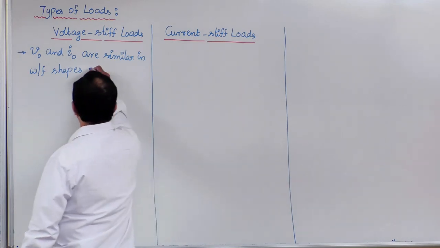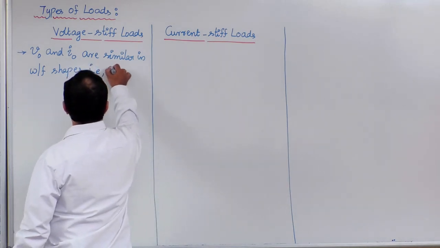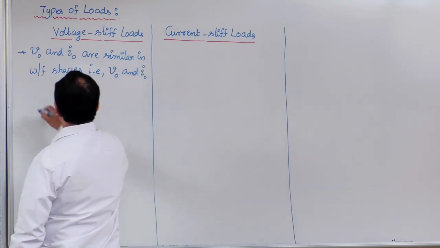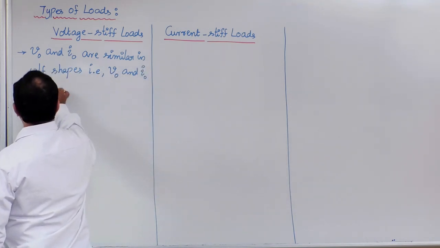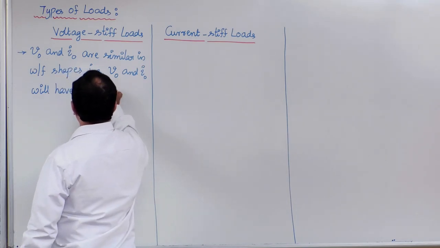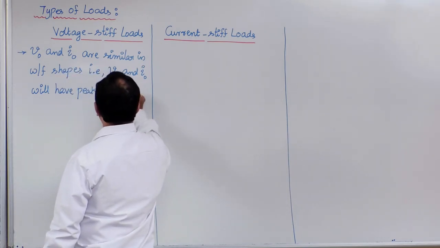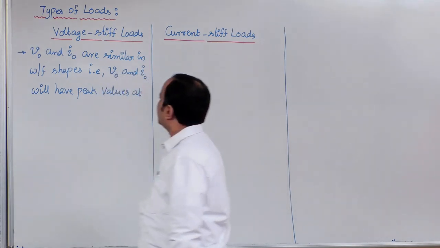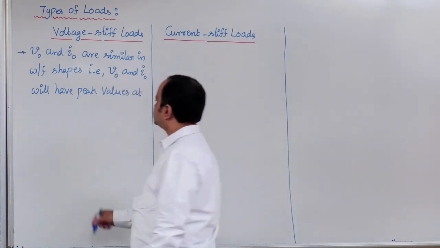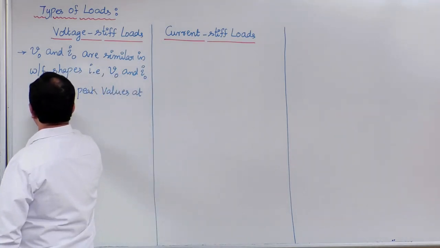So that means both v0 and i0 will have peak values, yes both v0 and i0 will have peak values at the same instant.